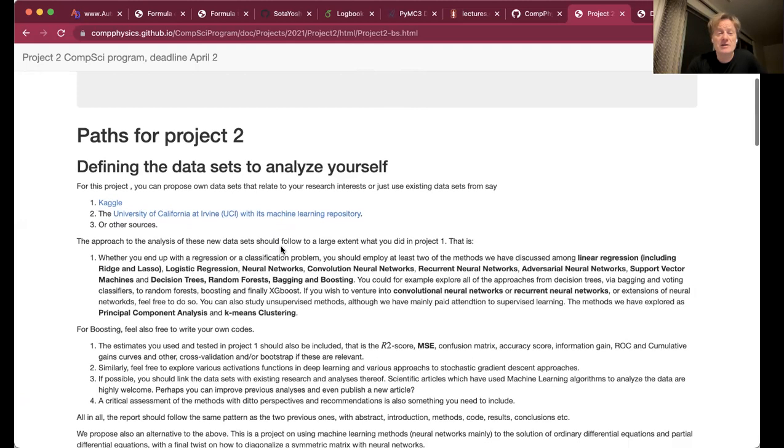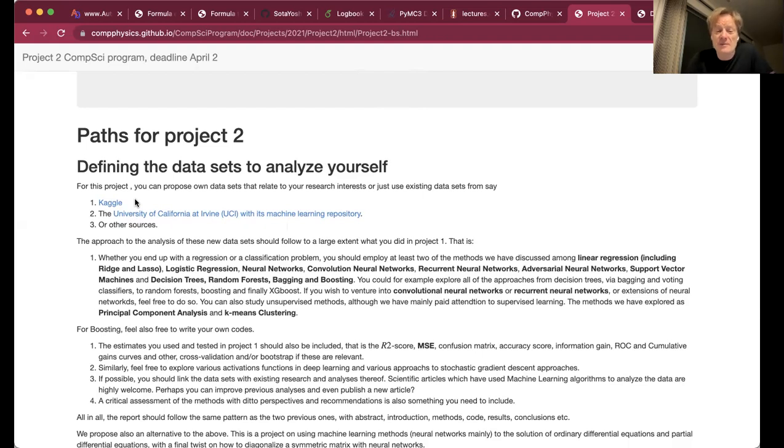Alternatively, there are data sets both from the University of California at Irvine, there is Kaggle.com, and many other types of data sets. So just to give you an example, people who do high energy particle physics, there is an excellent data set on finding the Higgs. That's a kind of challenge which people at CERN have been placing there for years, since actually 2014.